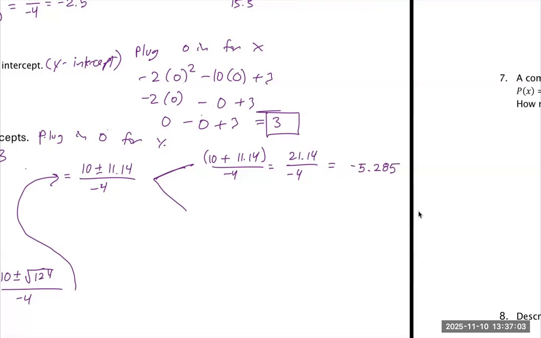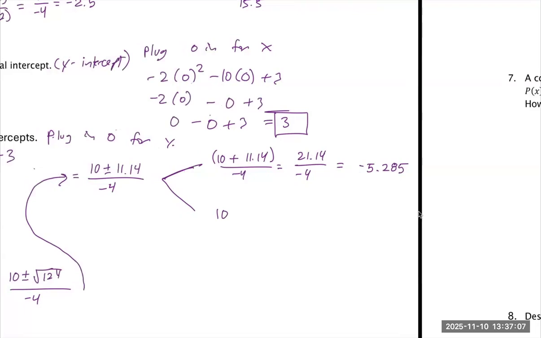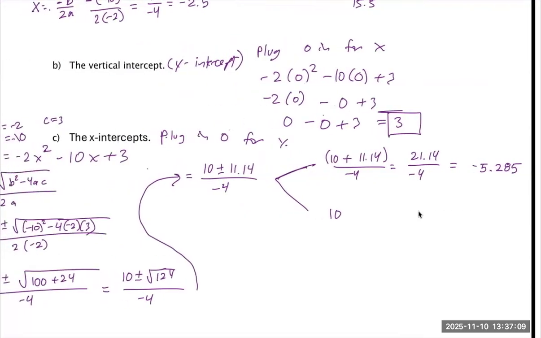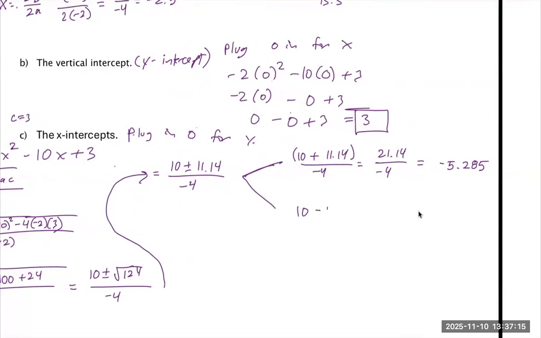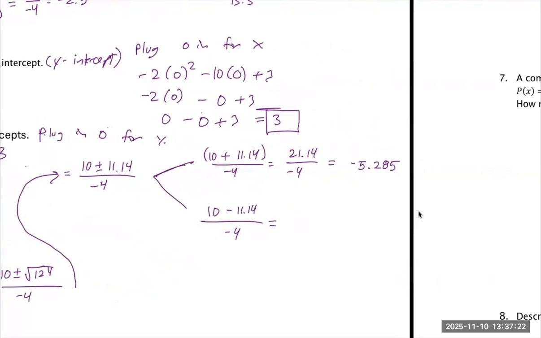Fine, and then the other answer is, okay, so now if I ignore the positive sign and I just focus on the negative sign, then I would get 10 minus 11.14 all over -4. The numerator would simplify to be -1.14 divided by -4.